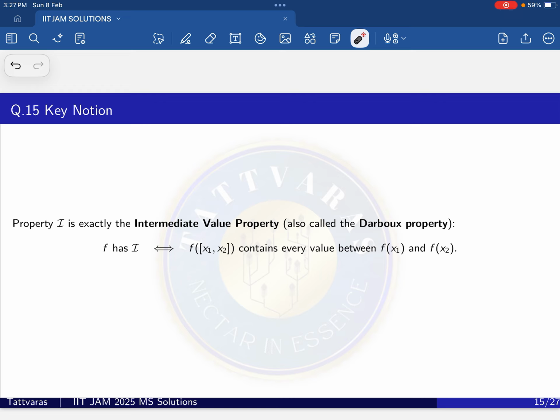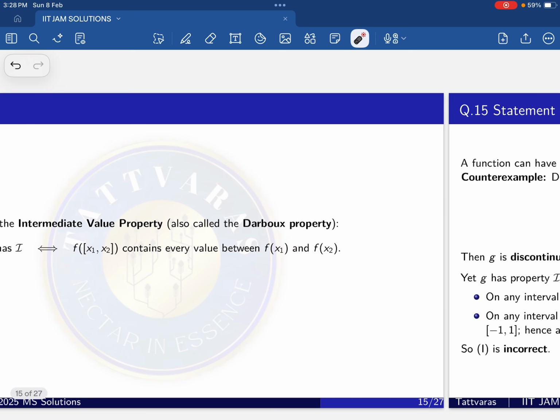It is not exactly the intermediate value property, but very much connected to it. Property I implies that f of (x1, x2) contains every value between f(x1) and f(x2). That's the key notion. All the values in between these two real numbers are contained inside the set f of (x1, x2).